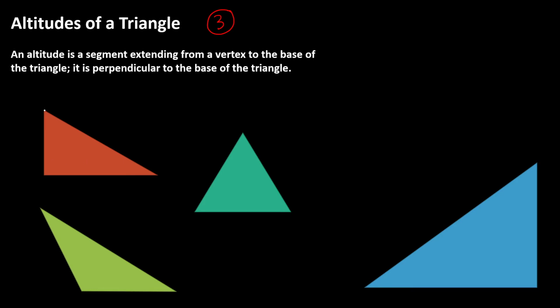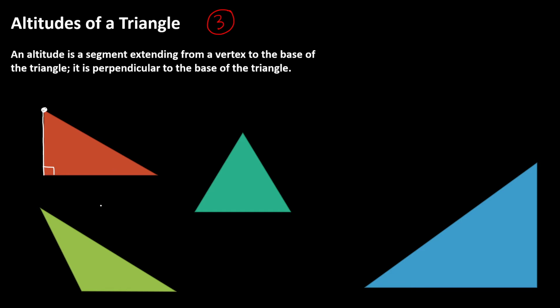So for example, in this red right triangle, I'm looking at this vertex, and I can draw an altitude all the way down the leg because it forms a right angle with the other leg. So this would be one altitude of this right triangle, and of course there are two more.